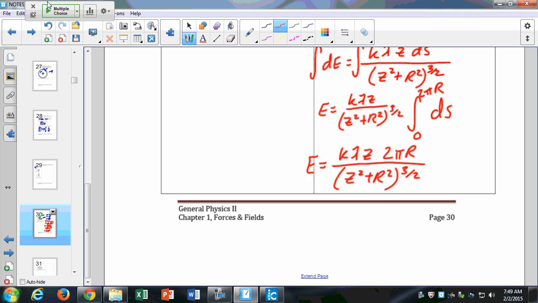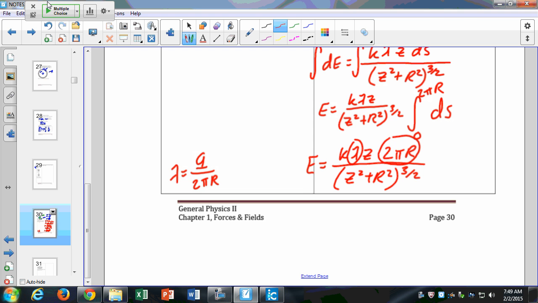And then I can simplify this further, because notice if I multiply lambda and 2 pi r, if you recall, lambda was equal to the total charge, q, divided by the total length. So it's going to equal q over 2 pi r. So if I multiply lambda times 2 pi r, I'm just left with q.